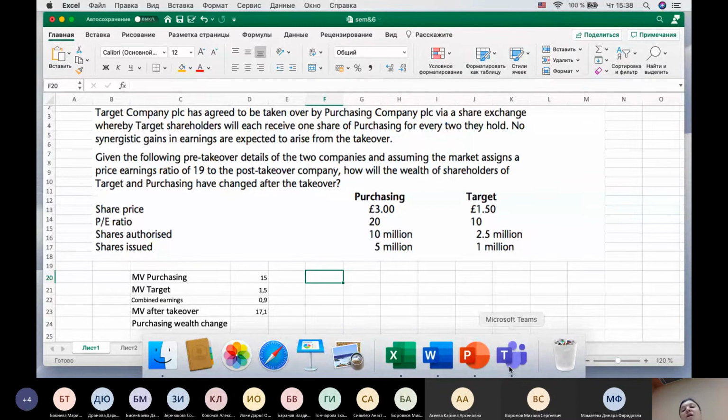Let's suppose our purchasing company realized the new issue of shares, and the total amount of shares after this deal will be, how could we calculate? It will be 5 million plus what? If target shareholders will each receive 1 share of purchasing for every 2 they hold.